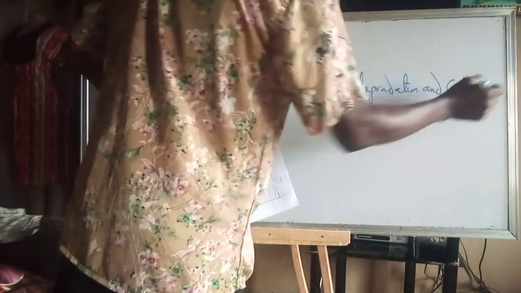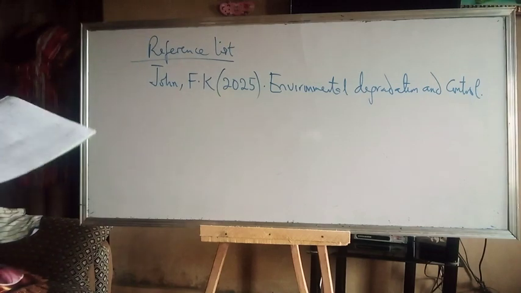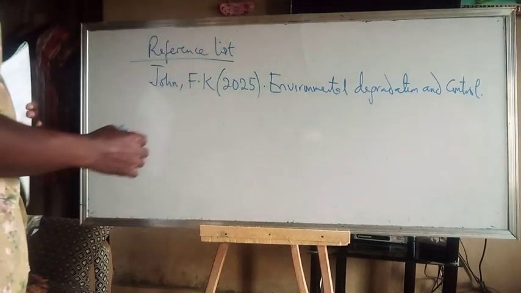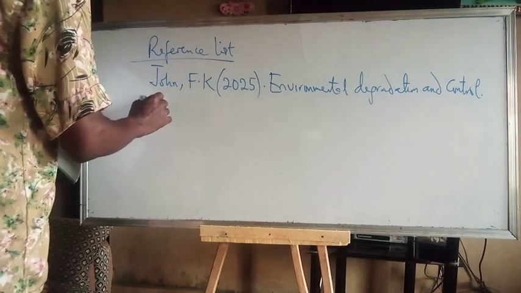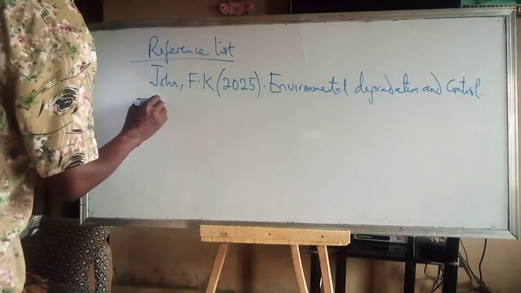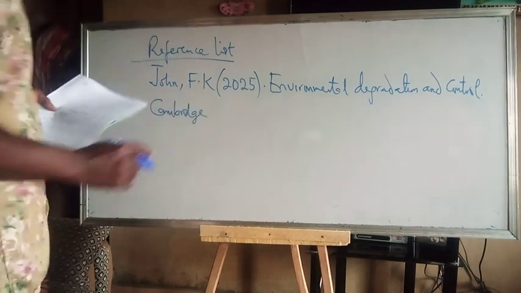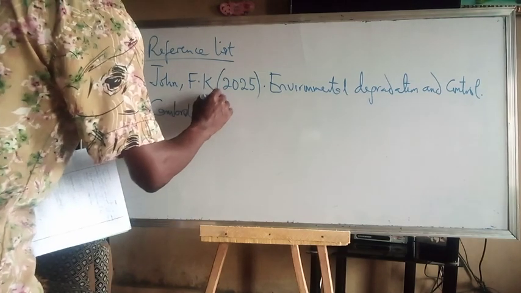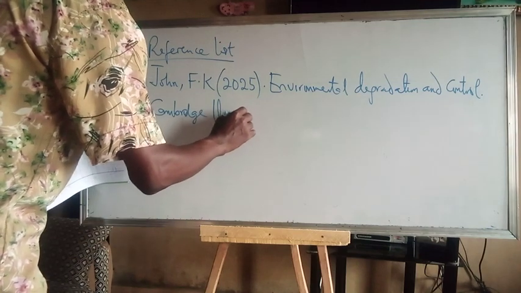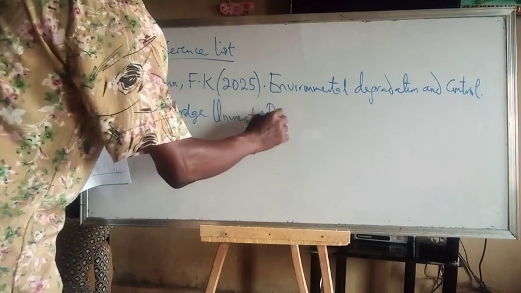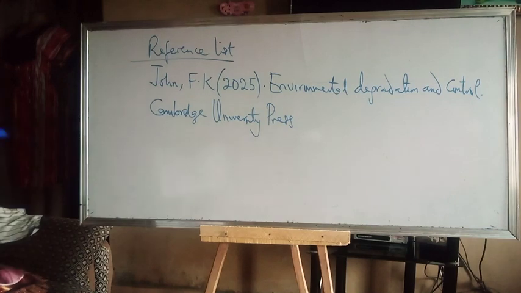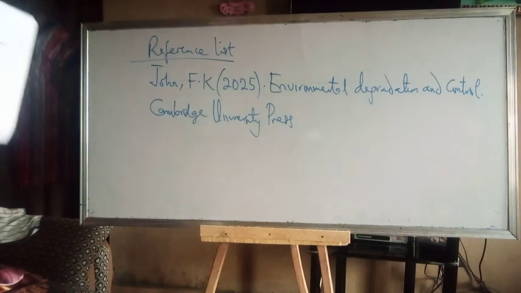But this time around, we are focused on the book written by John. So let's say the publisher of the book is Cambridge University Press. This is the publisher of the textbook written by John. I hope you are getting it now.